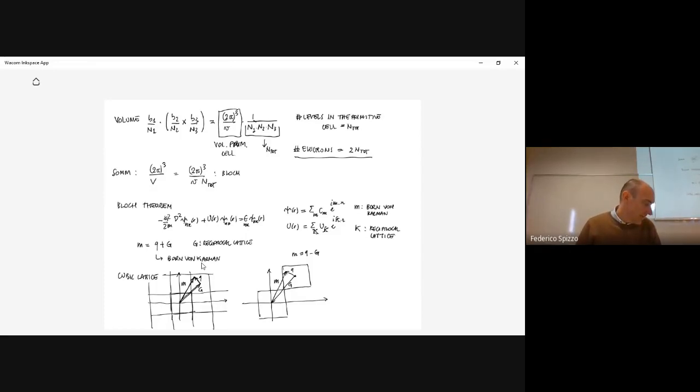If you use that combination, what is found is that the general expression for the electronic wave function can be expressed as a combination of plane waves having this structure.